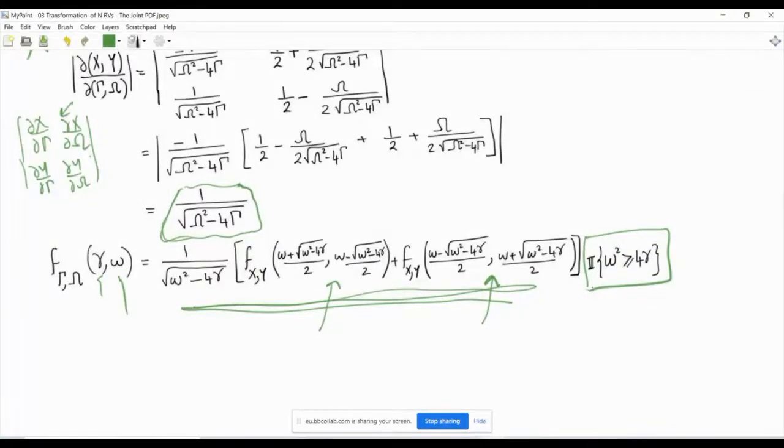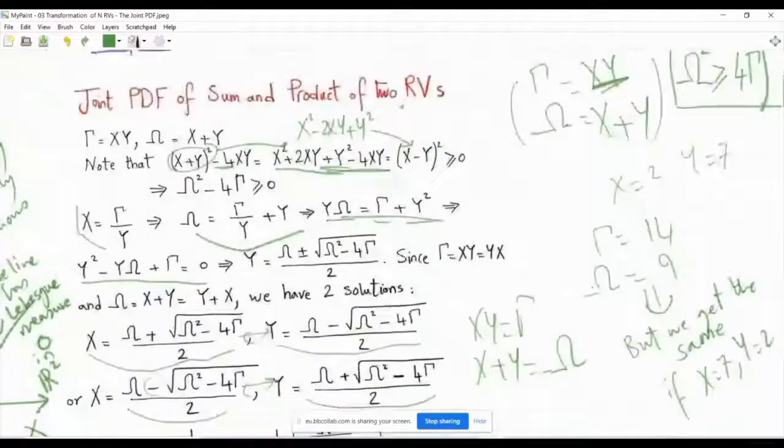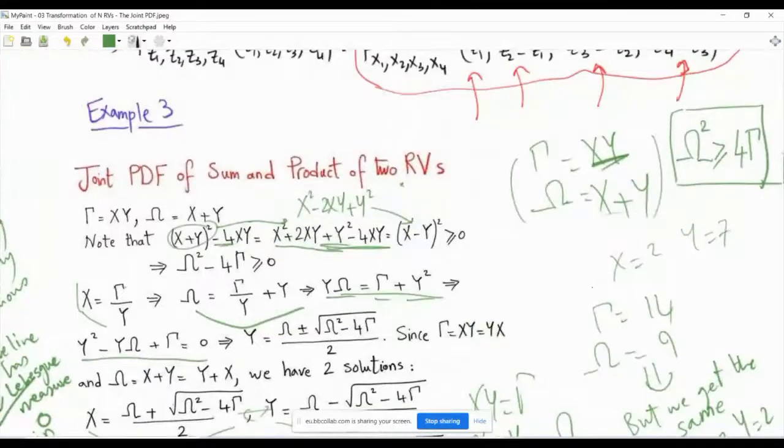They are related such that the sum squared is greater than or equal to 4 times the product. And maybe actually this is the challenging part about this problem, to get this: that the two things are sort of related in some way that is not very clear from the equations themselves. If I give you two equations, x plus y, xy, then what?